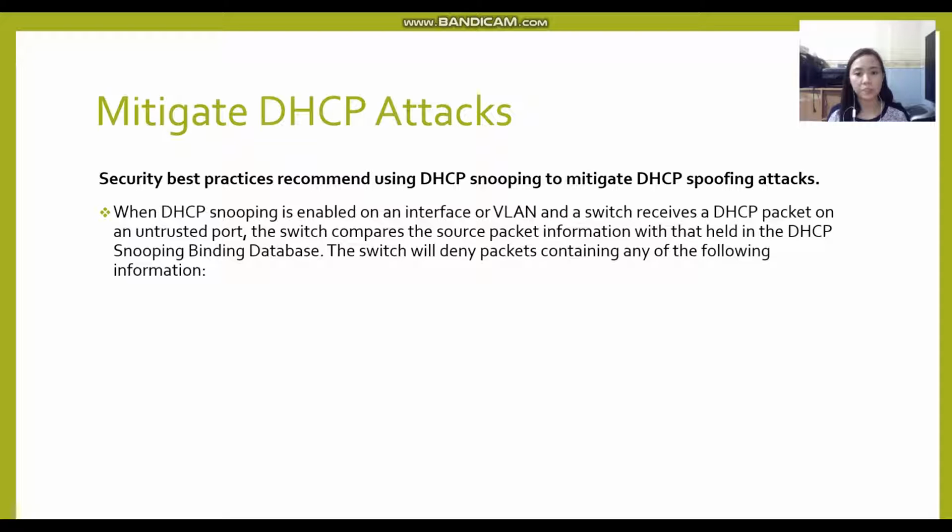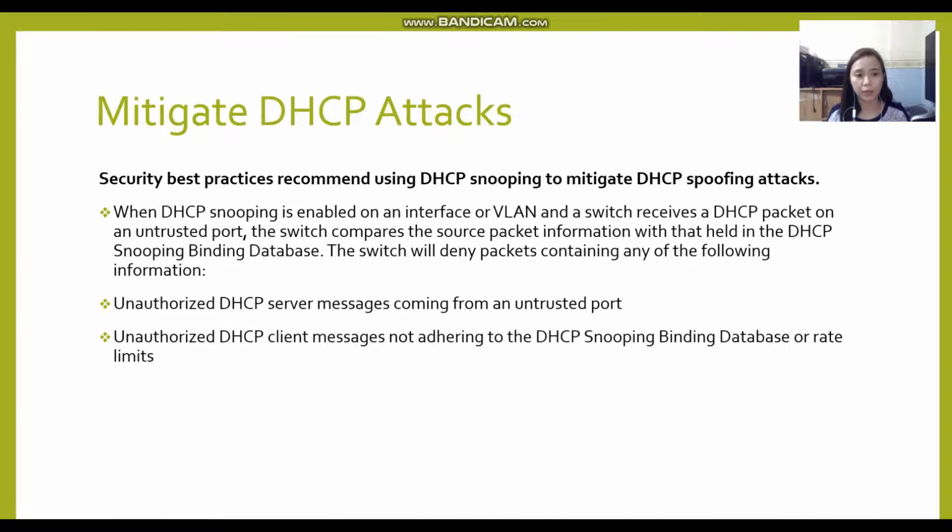The switch will deny packets containing any of the following information. The first is unauthorized DHCP server messages coming from an untrusted port. The other one is unauthorized DHCP client messages not adhering to the DHCP snooping binding database or rate limits.